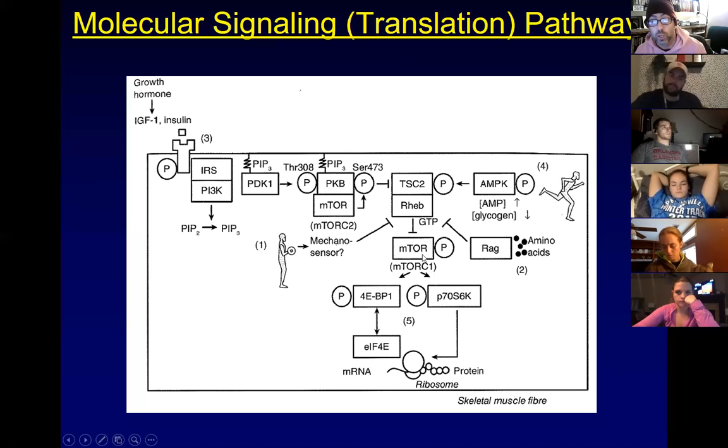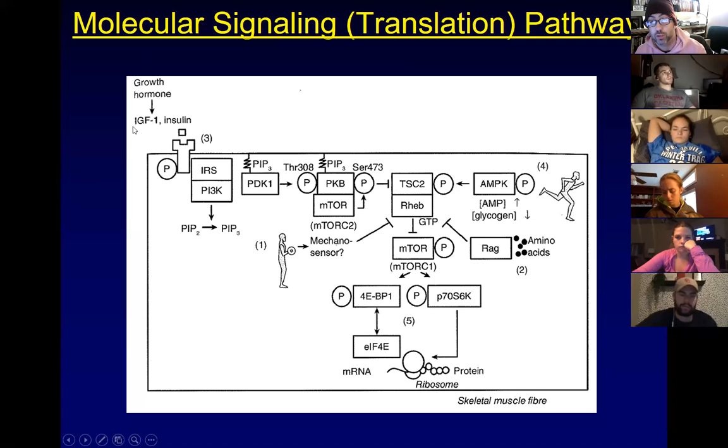And so we know in some ways that glycogen depletion activates AMPK, which may blunt the response of mTOR. That may be why when you run a bunch, even though you get IGF-1 release during aerobic exercise, this activation of AMPK from glycogen depletion may blunt the response at mTOR, which is why you don't get jacked from doing cross-country running.